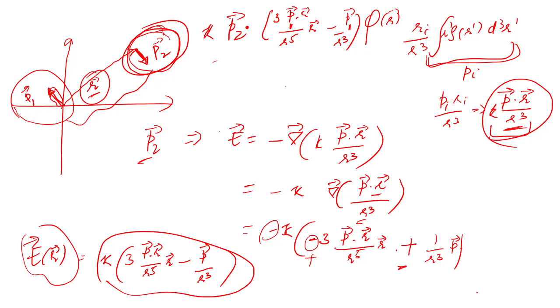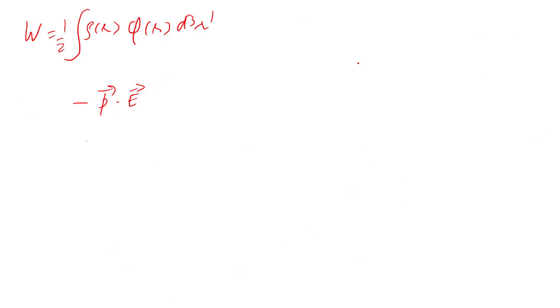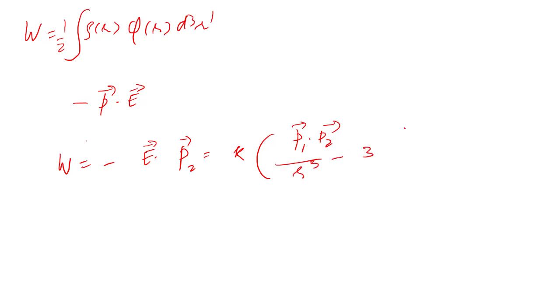So then you can just expand this and then get the total work done or the total energy as E times P2, which gives you k times P1 dot P2 by R cube minus 3 P1 dot R P2 dot R divided by R to the power 5.